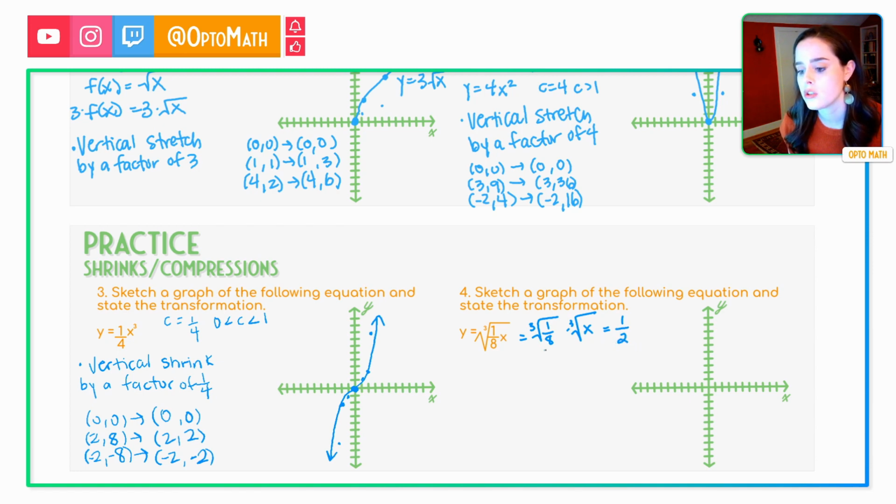Because what you've done is you've taken the cube root of 1 divided by the cube root of 8. So it's 1/2 times the cube root of x. So here's our simplest form. And notice now we have a number on the outside. So it's not horizontal like it may have looked, but it's actually vertical.